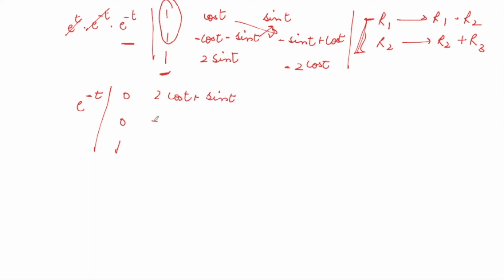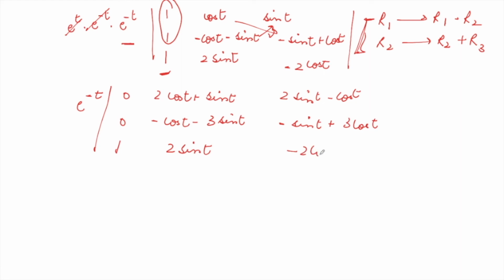Then we will have minus cos t minus 3 sin t and 2 sin t. In the last column we will write 2 sin t minus cos t, then minus sin t plus 3 cos t, and minus 2 cos t.